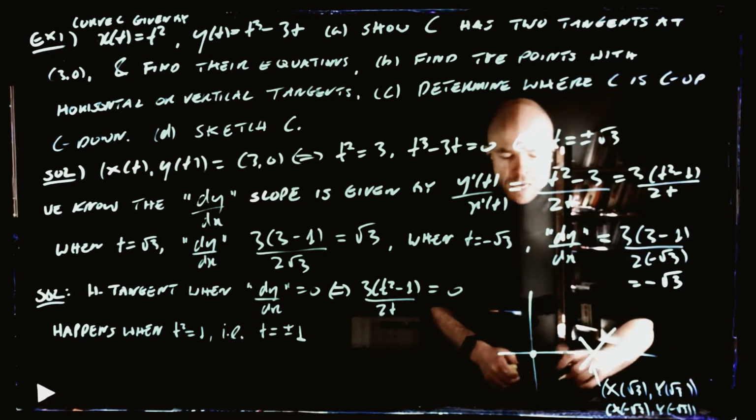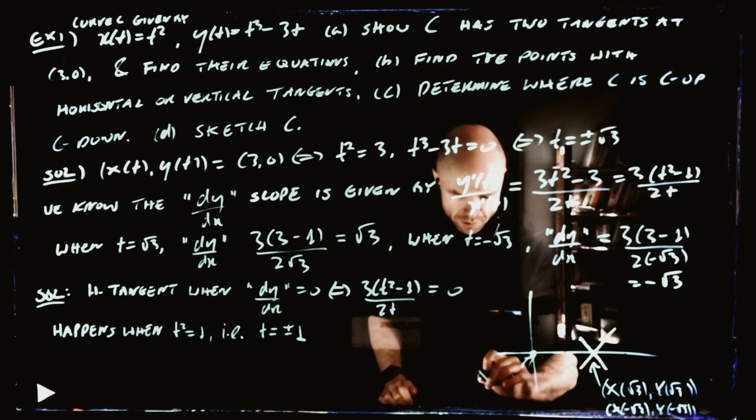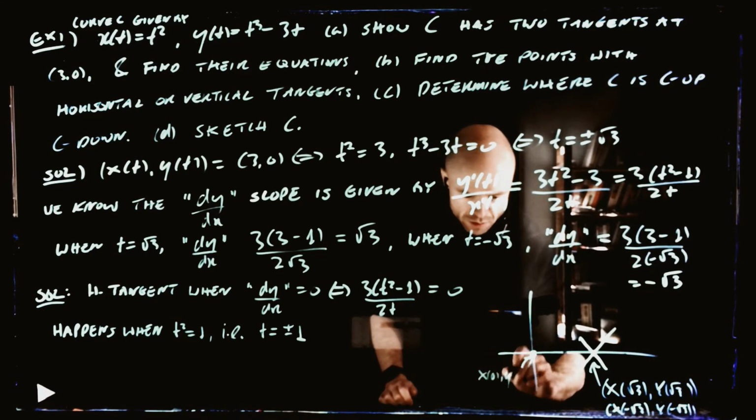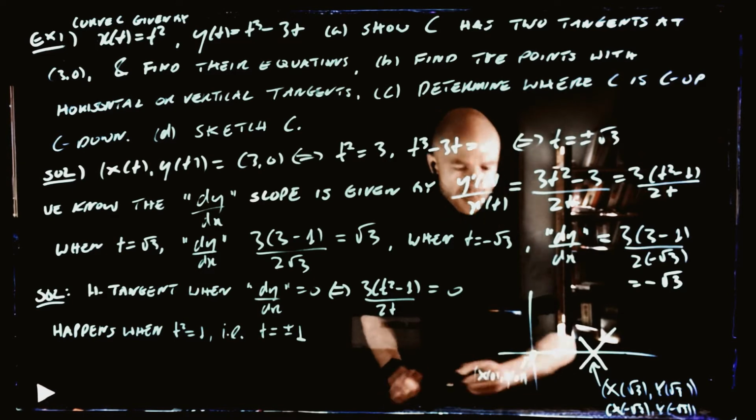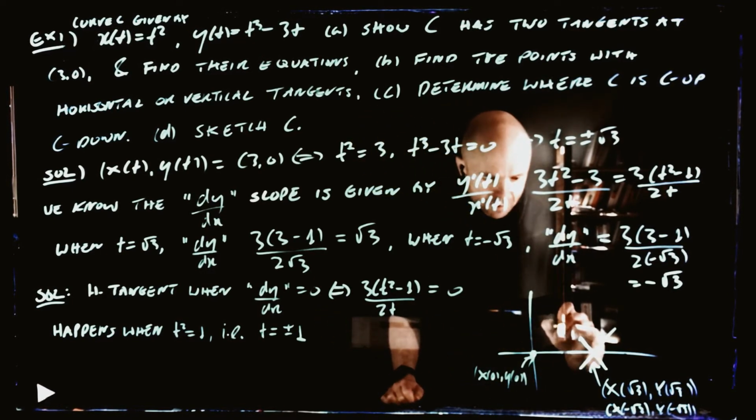Okay, and what we found out is, this here is time 0 here. And what we found out is that when we have time either 1 or plus 1, we have a horizontal tangent. So something like this is happening here.